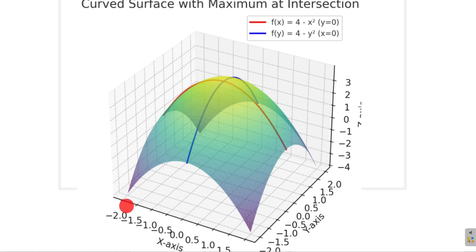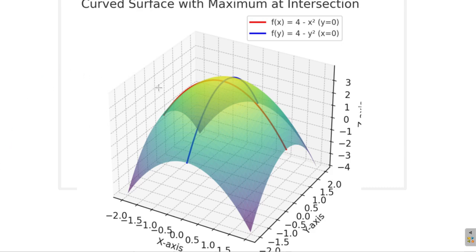The x-axis has 0 here, going negative and positive. Our y-axis, this is 0, going negative and positive, and our z-axis, 0 is here, going negative and positive. Now, this line is a change in y, the blue line, and this line shows a change in x. The red line shows x changing. The blue line shows y changing. And then z, of course, is up and down.